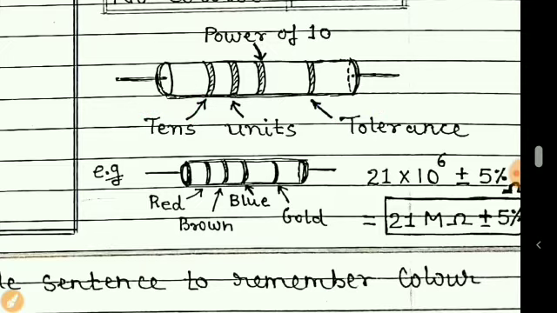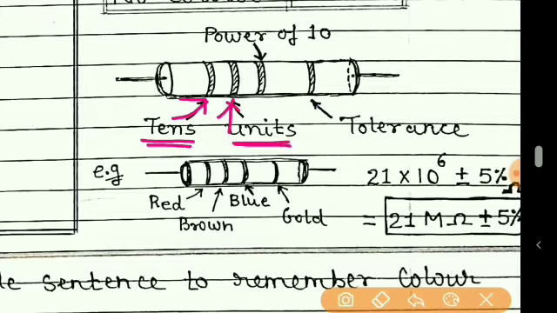Now this first color band represents the tens place of a number. Second band represents the units place, and the third band represents the power of 10.